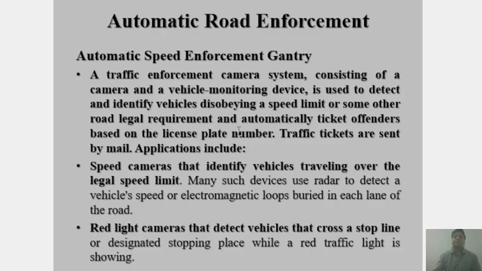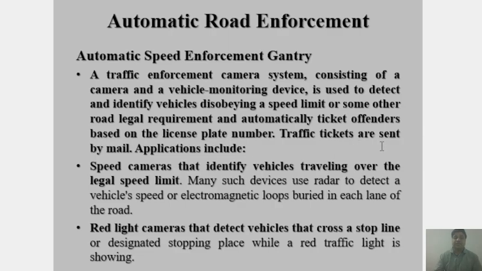Basically, a particular traffic speed is maintained, suppose 100 km per hour, 120 km per hour, 80 km per hour or 50 km per hour. That speed should be maintained. If the vehicle disobeys it, then automatically a ticket or challan will be issued based on the number plate.